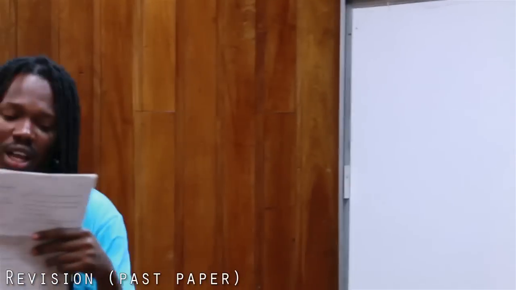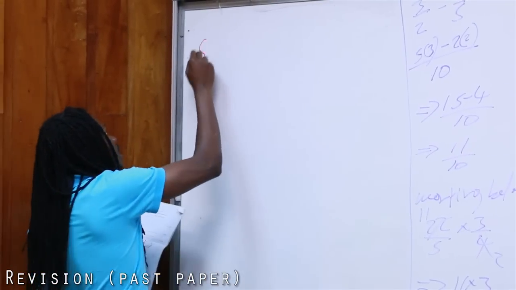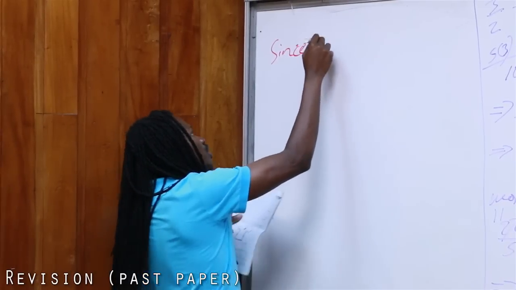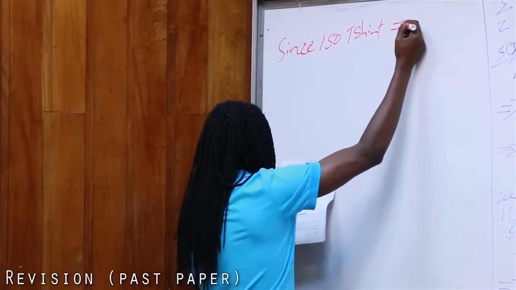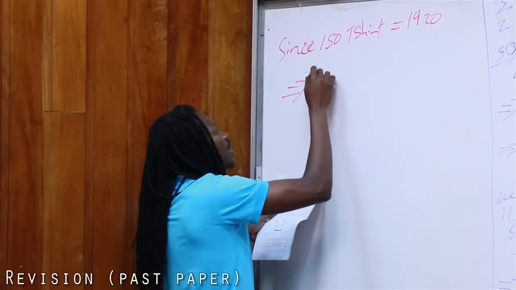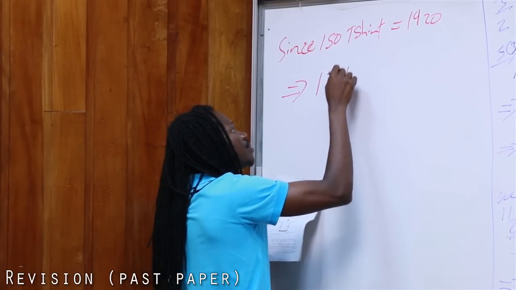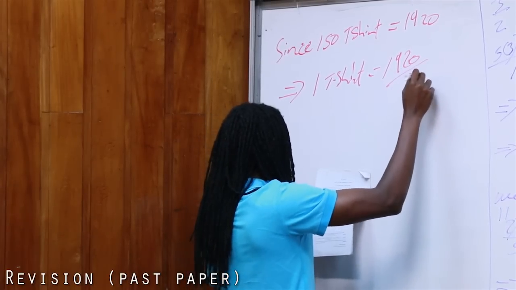Miss Jack bought 150 t-shirts for $1,920 from a factory. Calculate the cost of one t-shirt. Since 150 t-shirts equal 1920, it implies that one t-shirt equals 1920 divided by 150.